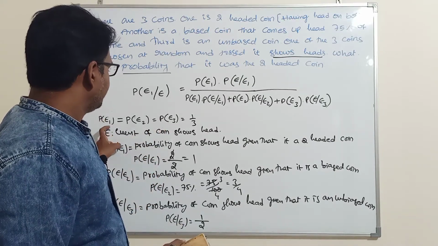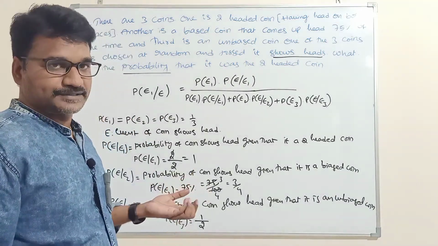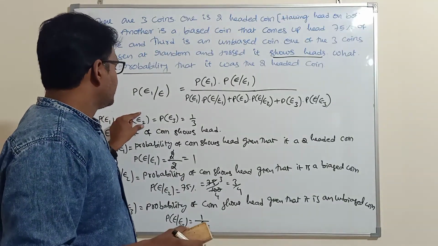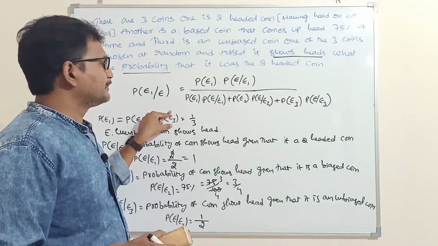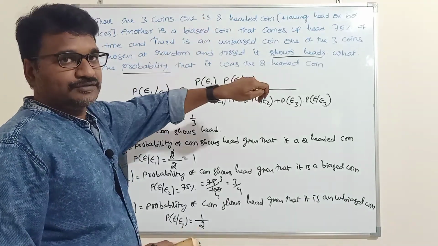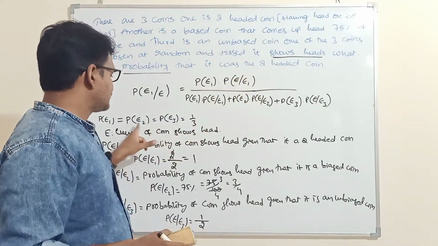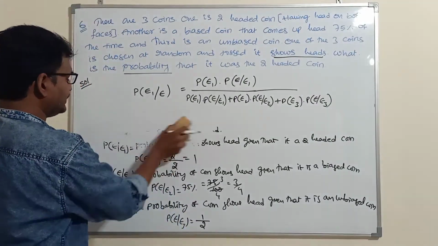Next, E1 union E2 union E3 is equal to the sample space, because the two-headed coin plus the biased coin plus the normal unbiased coin gives the total. We have 3 coins in total. That's why these 3 events denote mutually exclusive and exhaustive events.